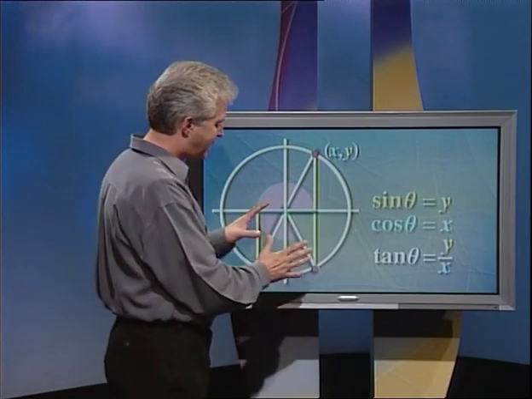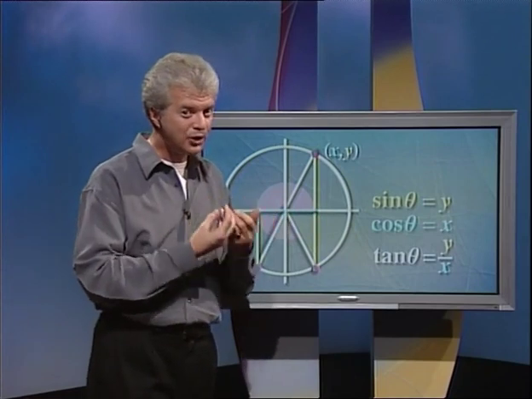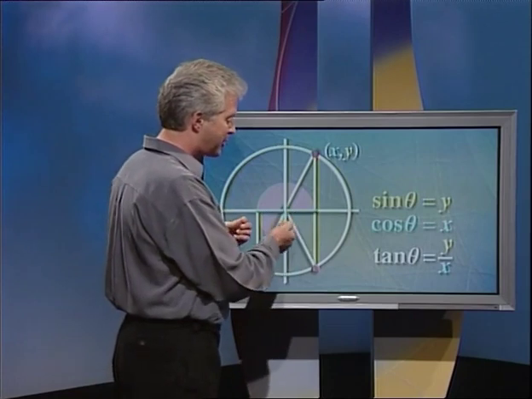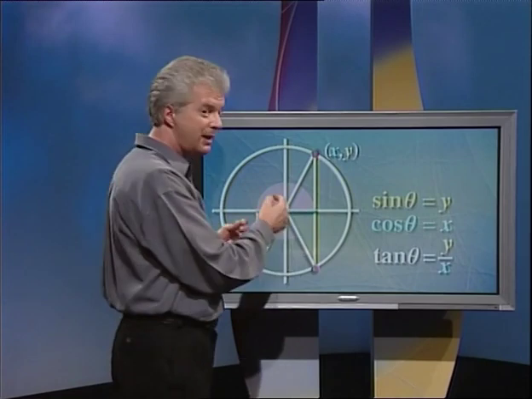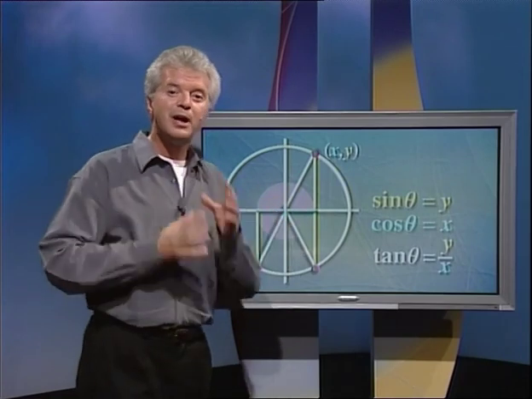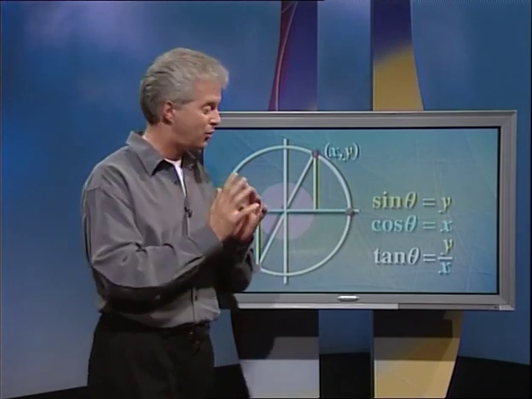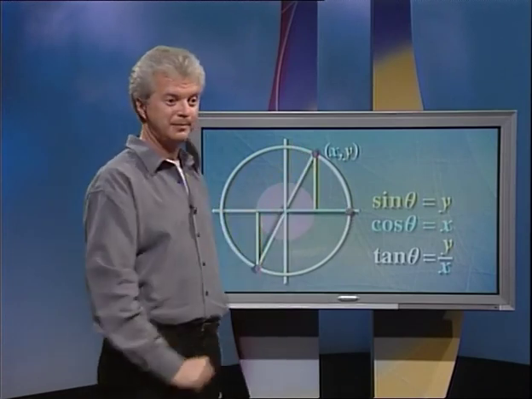Okay, at that stage, y length to x length is 2. So it looks like the tangent will be 2, but unfortunately, the x is positive and the y is negative. So the tangent of this angle is negative 2. So in fact we have two places throughout the circle where the tangent is equal to positive 2, and that's in the top right and in the bottom left.